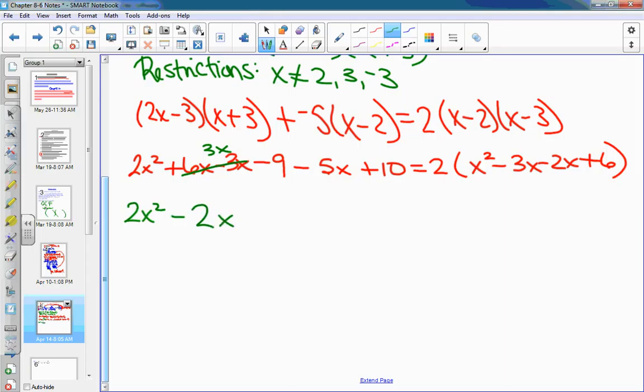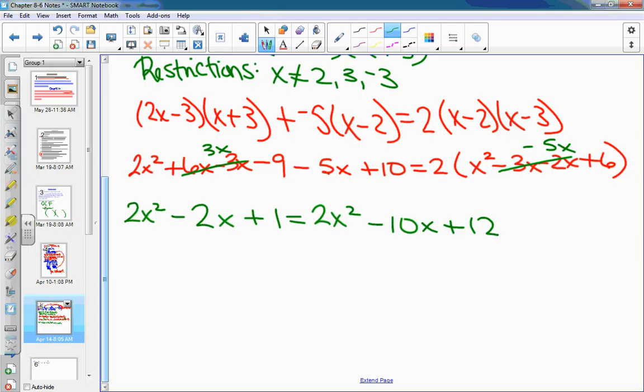Negative 9 plus 10 gives you a 1. Then this is going to be 2. This turns into a negative 5x. And if I distribute that, what does that give you? Minus 10x plus 12. Do you see I went ahead and combined like terms and distributed in one step there? Now at this point, what should I do?